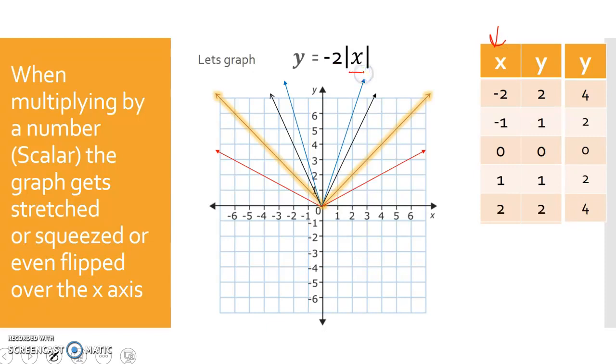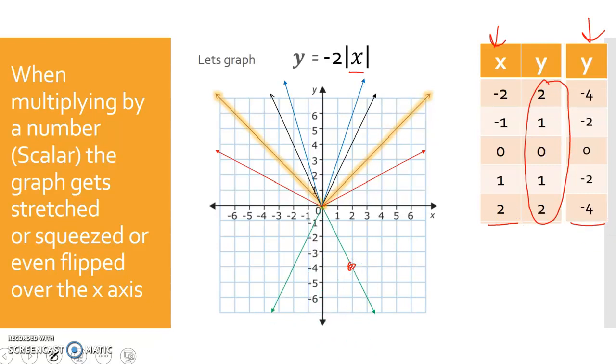When I plug them into the function, I would get all of these numbers here, but then I would multiply all those numbers by negative 2. So I'd have all of these new y values, which would be negative. And when I graph those negative values, like the point 2, negative 4, I'm going to be down here. And all of those points would look like that. It actually gets flipped over the x-axis, reflected over the x-axis.